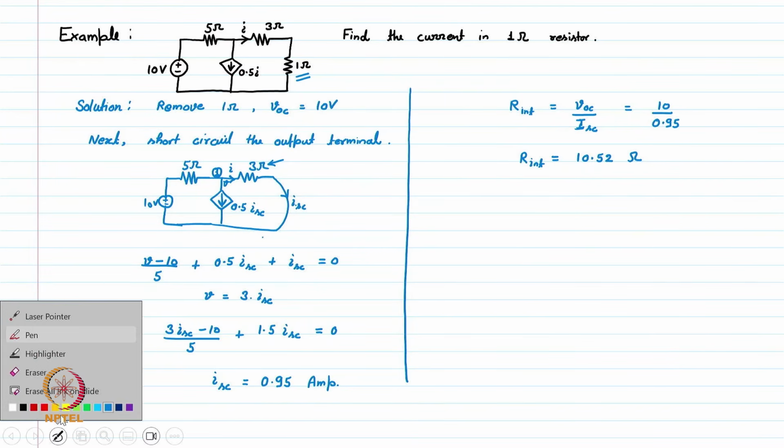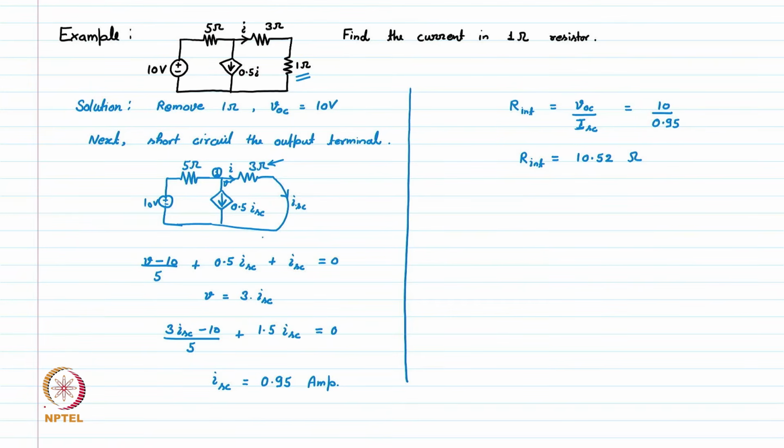So we can replace the same network by a current source whose value is 0.95.